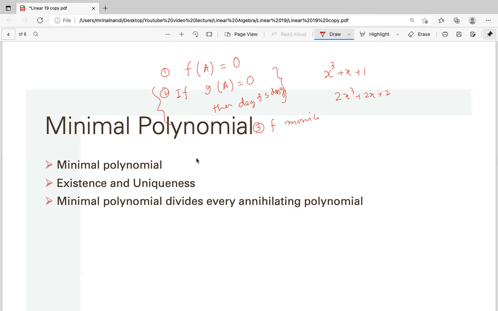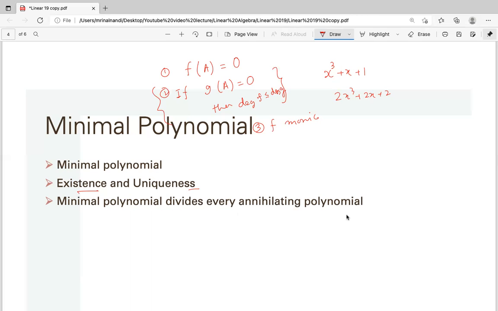If you take monic polynomial f with degree of f less than or equal to degree of g as a definition, then the existence is trivial. There is a non-empty set, and there must be a polynomial which has the least degree, and among them there is a monic one. You just divide by the leading coefficient.